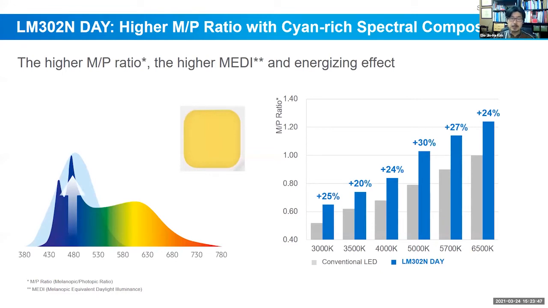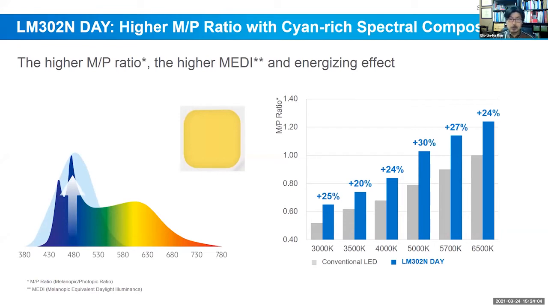More specifically, we can look at the MP ratio of this new LED that we call LM302N-Day, which is like a 3030 standard middle power LED with dual blue dies inside.